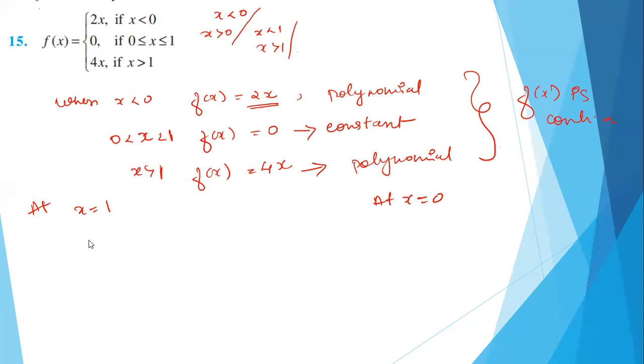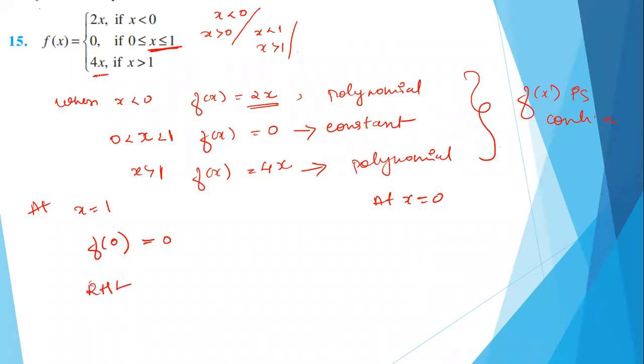So at x equal to 1, what is the functional value? f of 1 is 0 itself, isn't it? But if you take the right hand limit, what will it be?